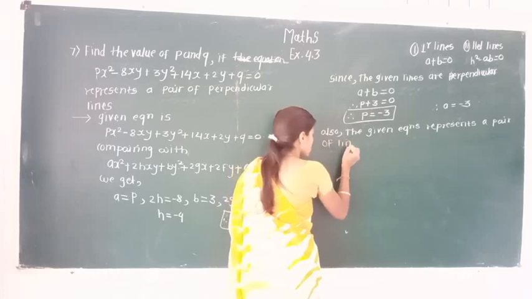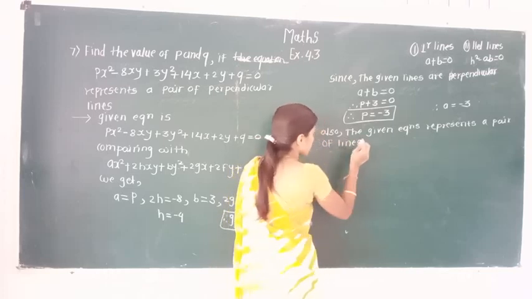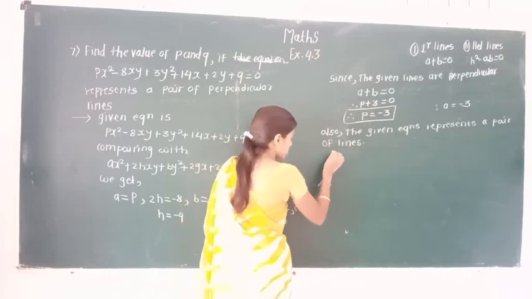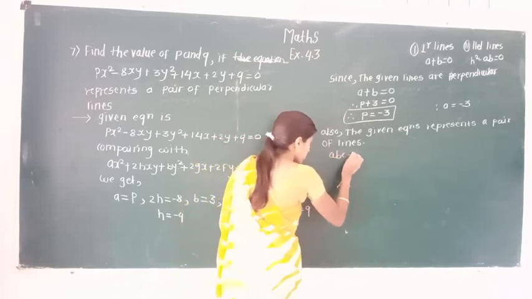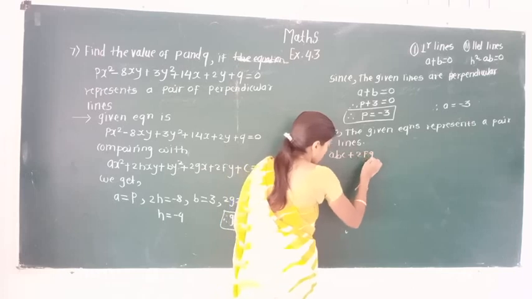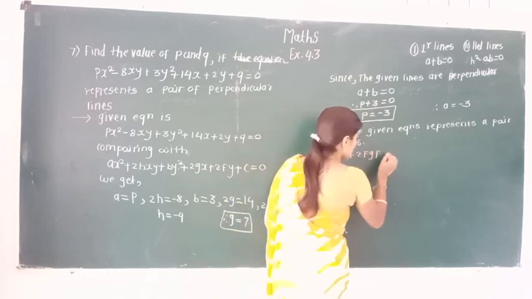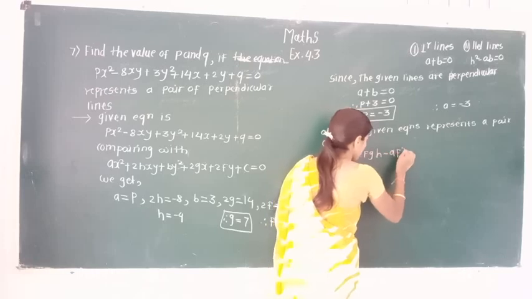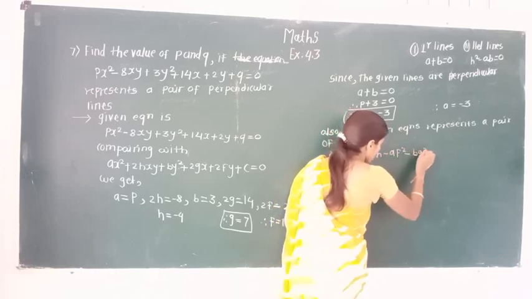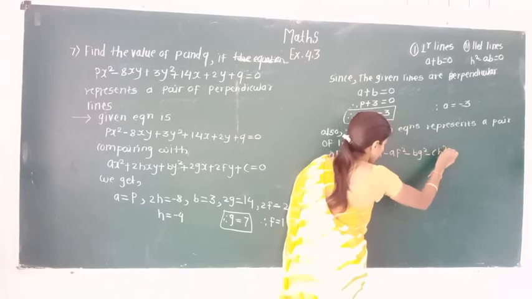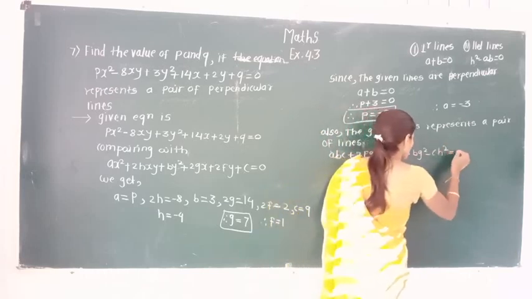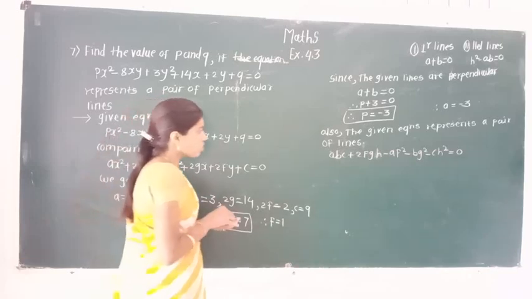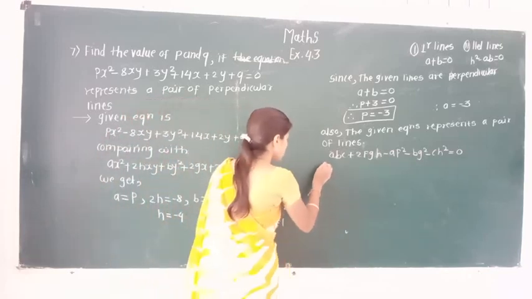Okay. And we know that the condition of a pair of lines is abc plus 2fgh minus af square minus bg square minus ch square is equal to 0. Okay. Now in this condition, put the value of a, b, c and f, g, h.